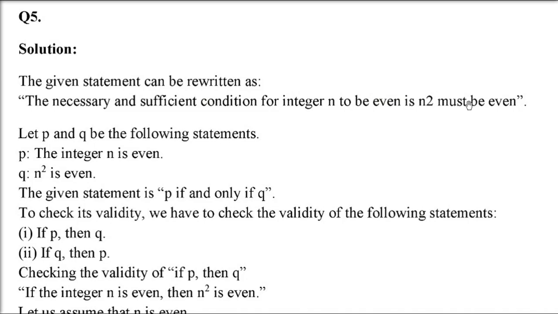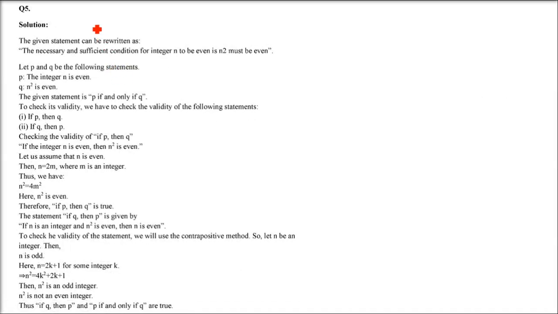Now we can rewrite this statement in a form where we can insert necessary and sufficient, and also we can find out the statements which are making this compound statement. So let me write the actual statement first. The integer n is even if and only if n square is even.